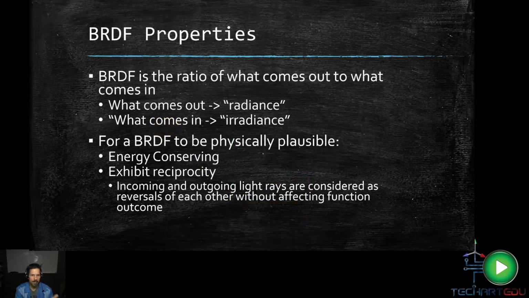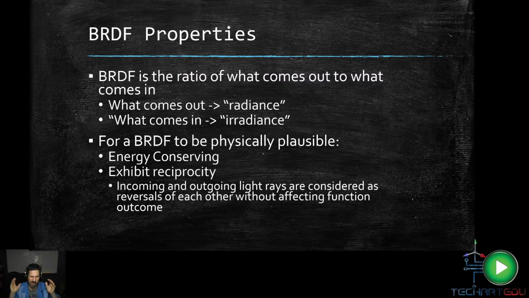And here are the properties of what the BRDF has. When energy comes off of point X, that's called the radiance, because from point X, it's radiating light energy out. But what comes into the point X is called the irradiance.